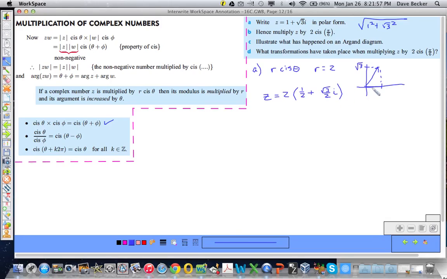Why can we say that? Well, if I go over 1 and up root 3, all I need is the sine or the cosine. We need the hypotenuse here, and we already know that r is 2. So cosine of theta is 1 over 2, and sine of theta is root 3 over 2.